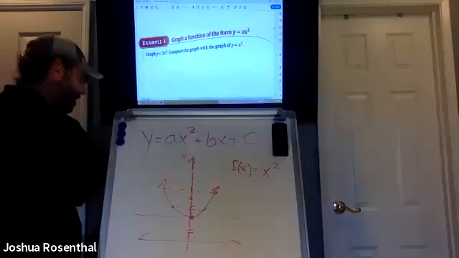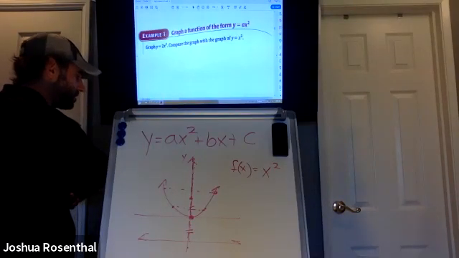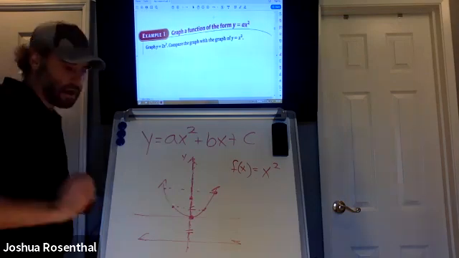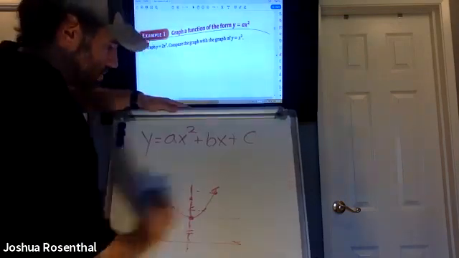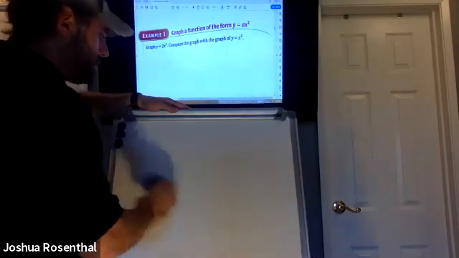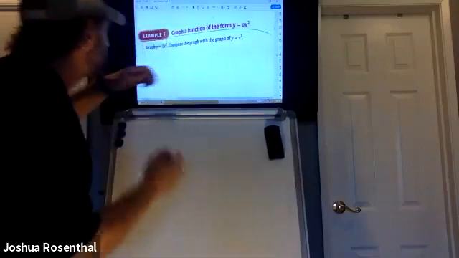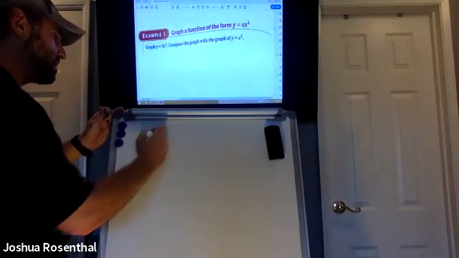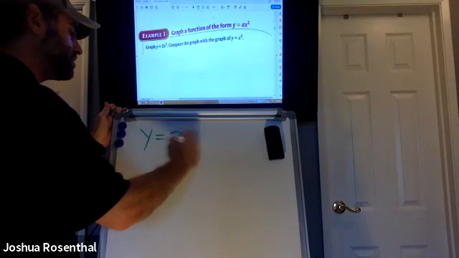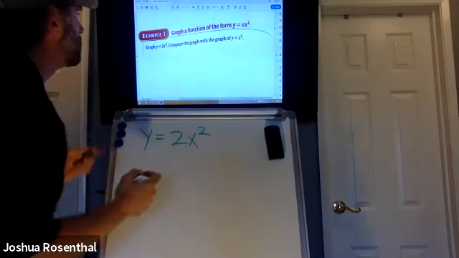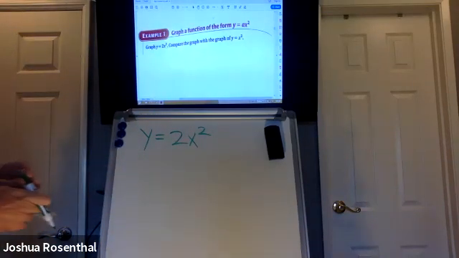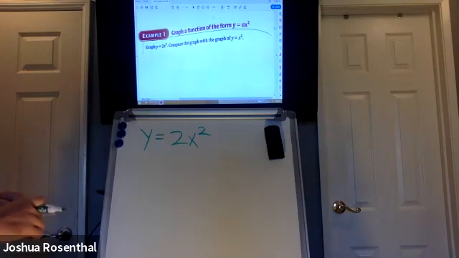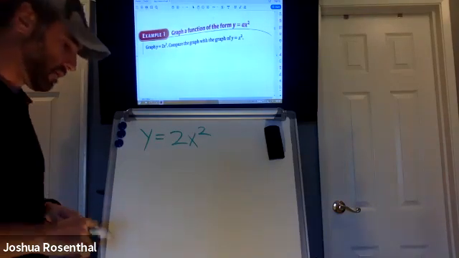All right, so now I want you guys to graph this one. And I'll write it up on the board. I want you guys to graph this one now and take a minute to do it. 2x squared. And then compare it with y equals x squared.